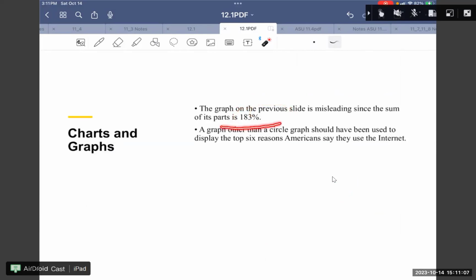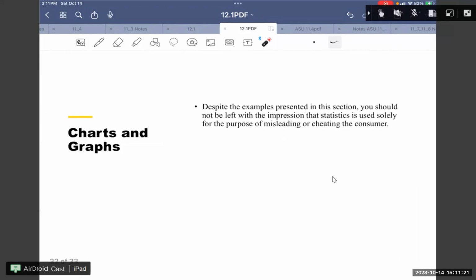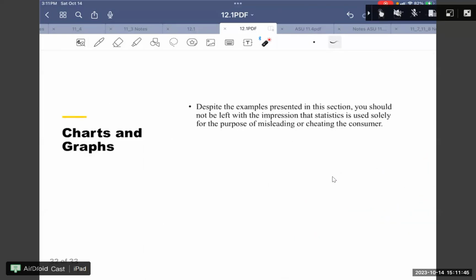Another graph, rather than the circle graph, should have been used to display the top 6 reasons Americans use the internet. The graph displays percentages in this section, and should not leave the wrong impression. Statistics used solely for that purpose are misleading and cheat consumers.